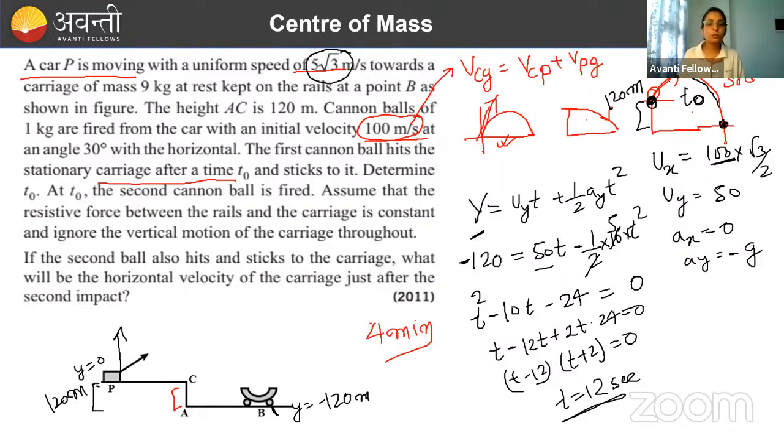Done. So for calculating the time of flight, we always write y equal to s equal to ut plus half at square equation in the y direction. For calculation of maximum height, we use the formula v square equal to u square plus 2as, again in the y direction.